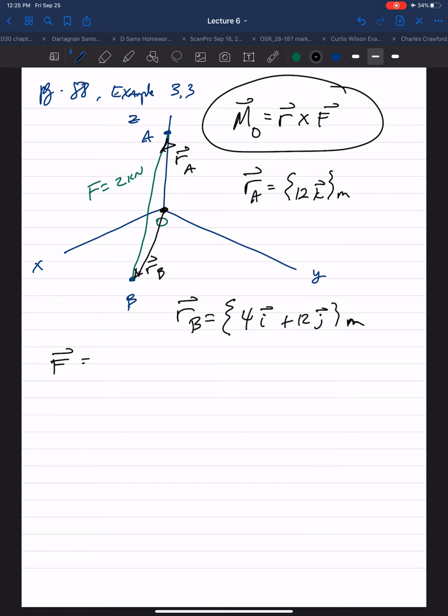Force F is magnitude times unit vector in the same direction. This is also equivalent to magnitude of F times position vector R over R.